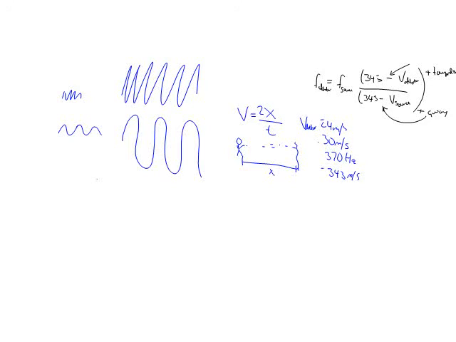Okay, and what's the 30 meters per second? Vs, the velocity of the source. And 370 hertz? Say it louder. Frequency of the source, or the Fo. And then 343.